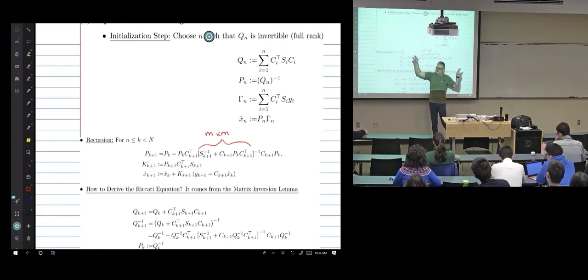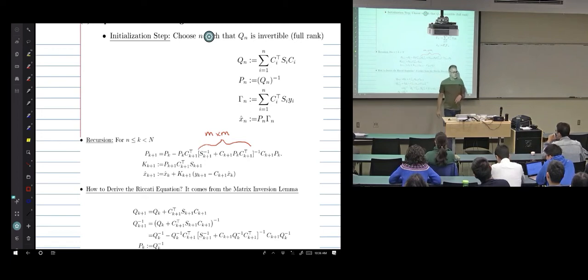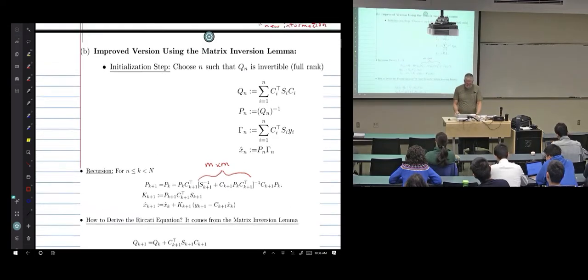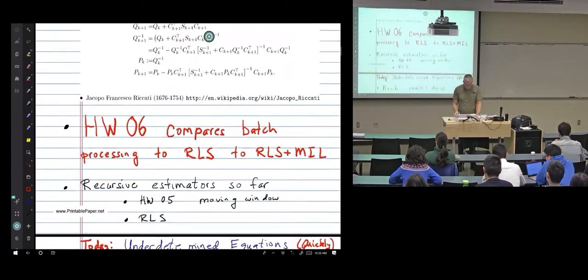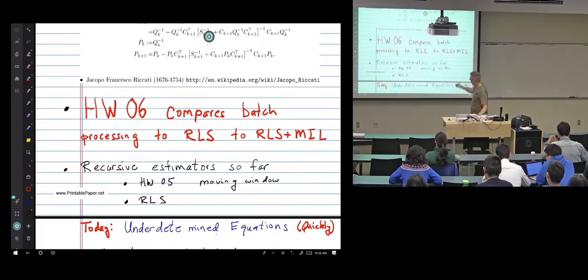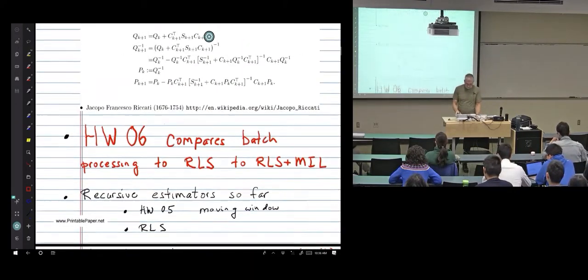It's fusing these 2 pieces of data. So you probably heard the term in a seminar, data fusion. I'm just planting that seed, data fusion. Okay, so your homework compares all of these things.